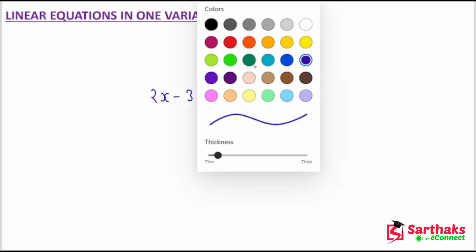So let me give you an example of a linear equation in one variable and explain the different terms in it. Let us take 2x minus 3 is equal to 7. Let us take this as the linear equation in one variable. Now in this linear equation in one variable there are various things.